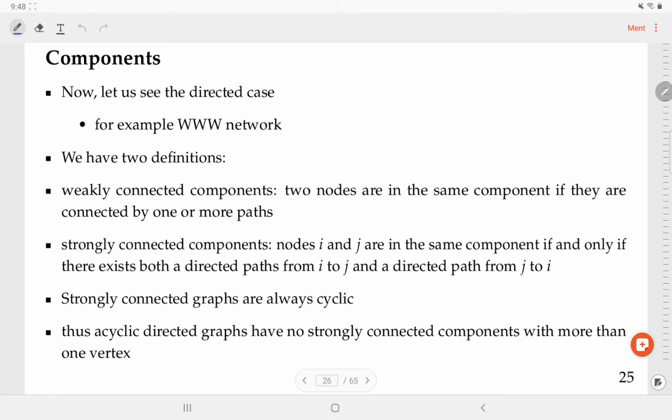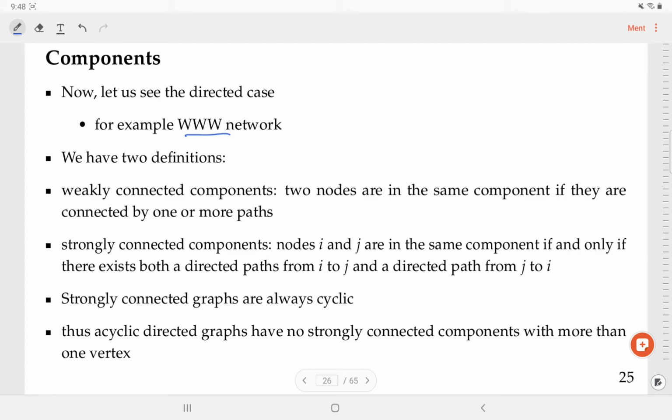Now, components in case of directed network. A very good example is the World Wide Web network, where the nodes are web pages, and two nodes are connected if a web page references another web page.